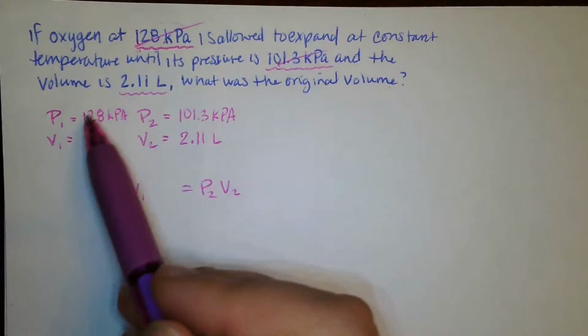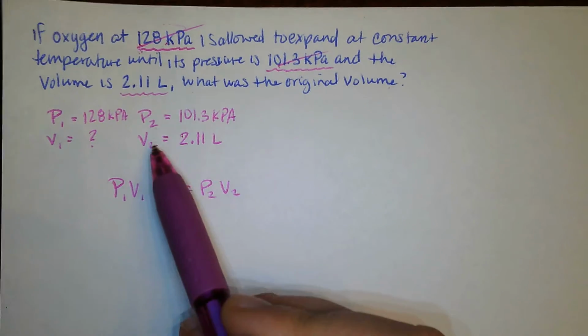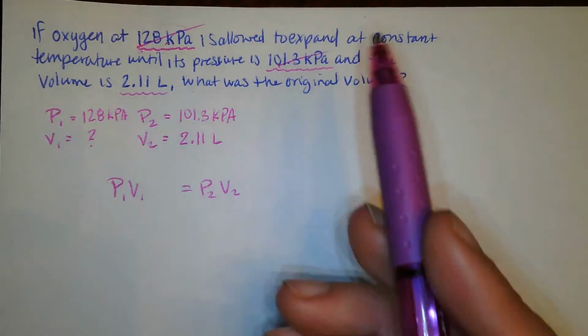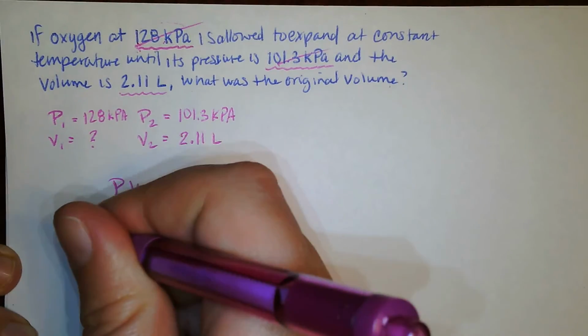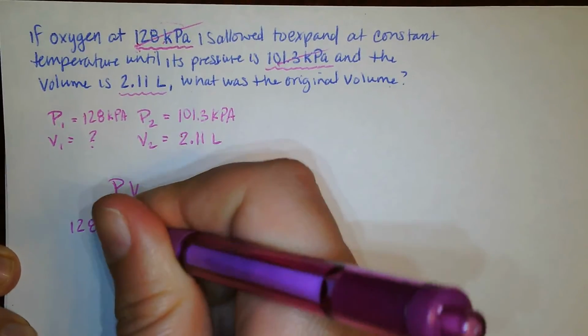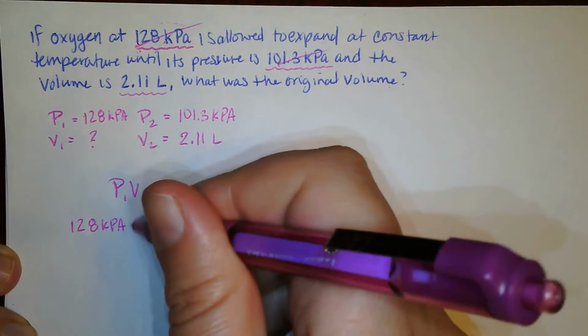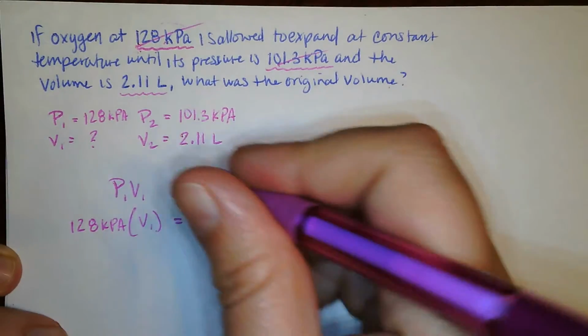That's what's asking us. So remember, the 1s represent the original or starting amounts, and the 2s represent the ending or final amounts. Anyhow, you plug them in now. We just do some easy math. So P1 is 128 kilopascal, and the volume 1 is a question mark, so we'll just leave it as V1.